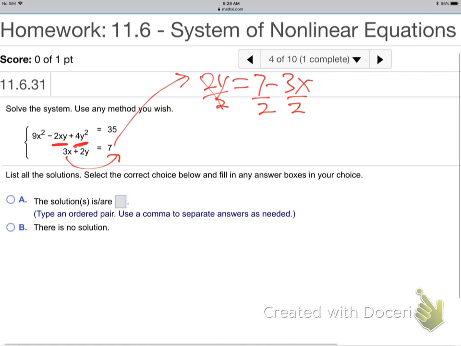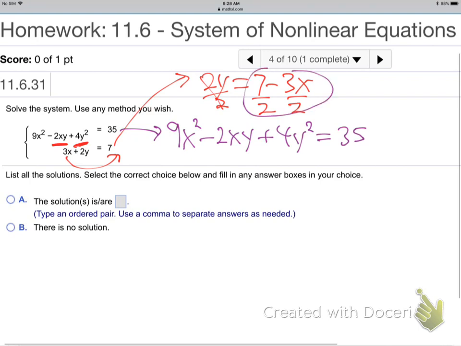Let's plug that in. Let's take this top equation. So 9x squared minus 2xy plus 4y squared equals 35. Plug all of this in for y in those two locations.